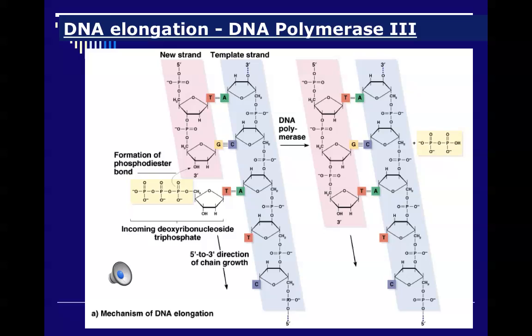So that if we have an adenine on the original template of DNA, DNA polymerase III will help line up a nucleotide that has thymine on it. If we have cytosine on the original template strand of DNA, DNA polymerase III is going to help line up a nucleotide with guanine on it, so that we can have the proper hydrogen bonds forming between the old and the new complementary nitrogen bases.